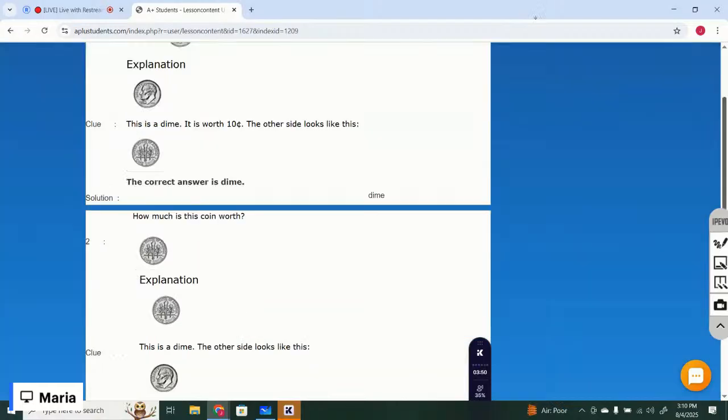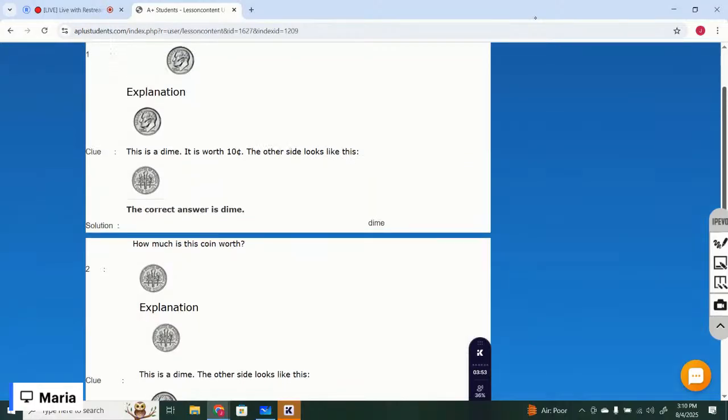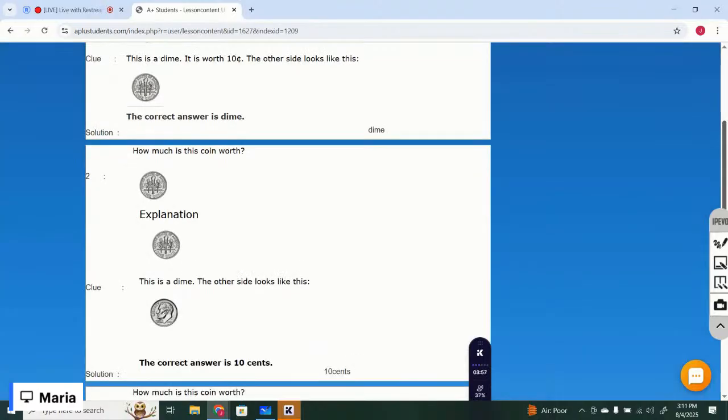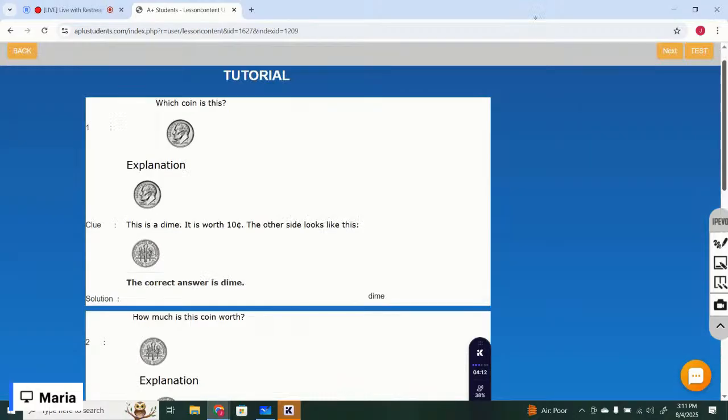Okay, now what coin is this? How much is the coin worth? So this is a dime and the other sides look like this, that is 10 cents. Let's just start with the test questions.